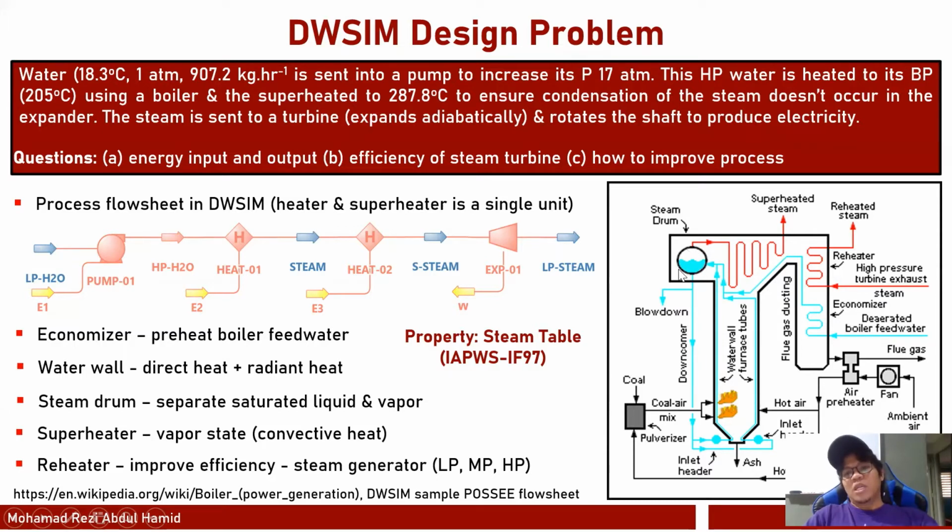So basically this part is heater 1, and then the steam drum will separate saturated liquid and saturated vapors. These saturated vapors will be further heated, or superheated, to form superheated steam, which is heater number 2. So if you think of this as two units, it is really one unit.